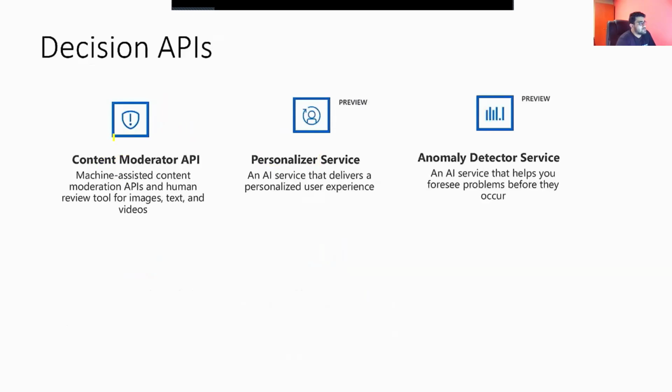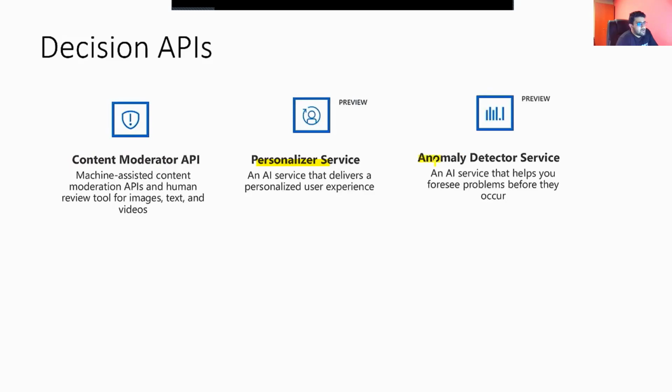There are also decision APIs. Content moderator, for example, can review your text and images and check whether they are appropriate, so it can moderate your content. This one is also in preview stage.